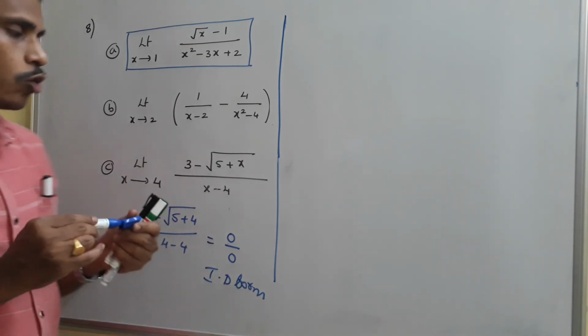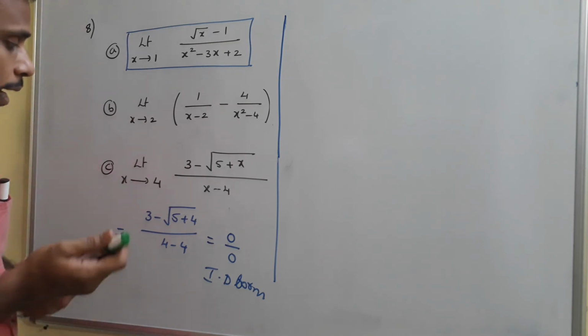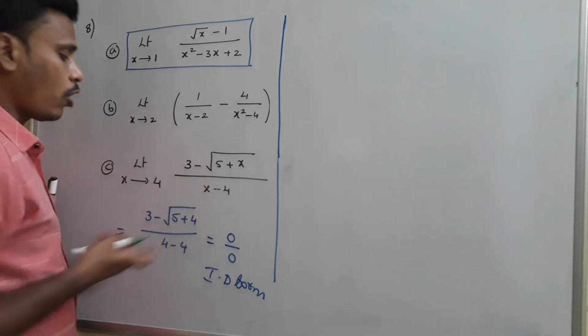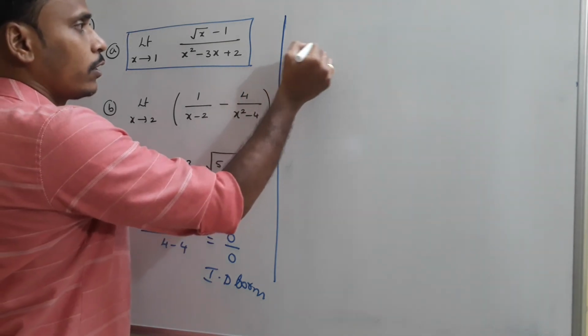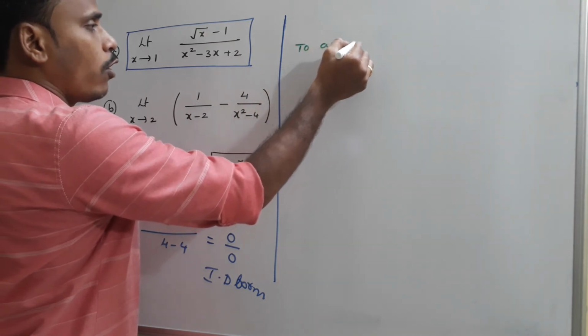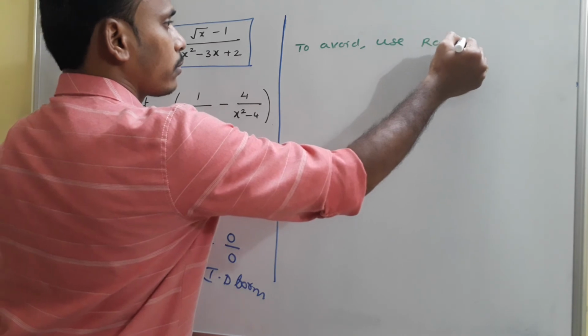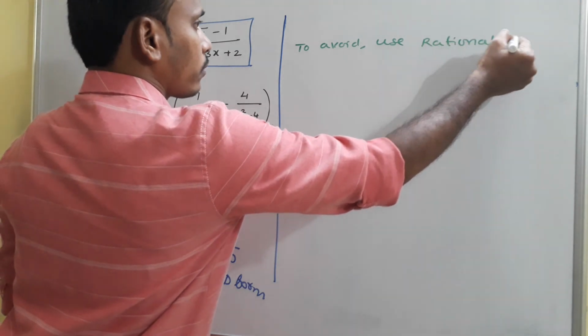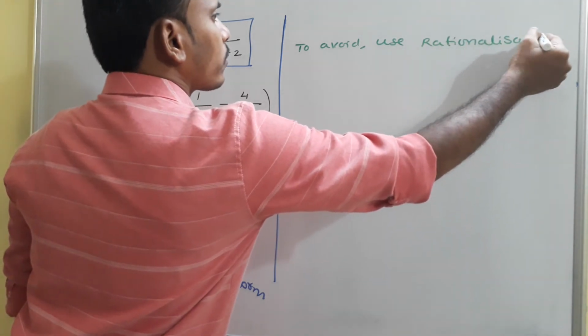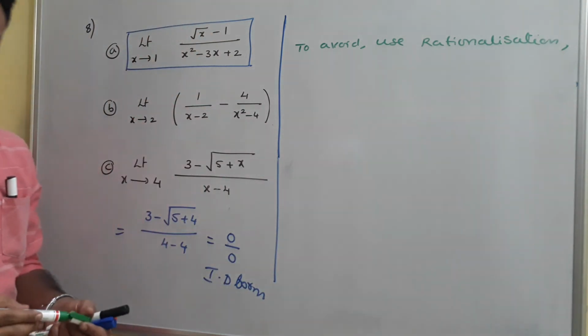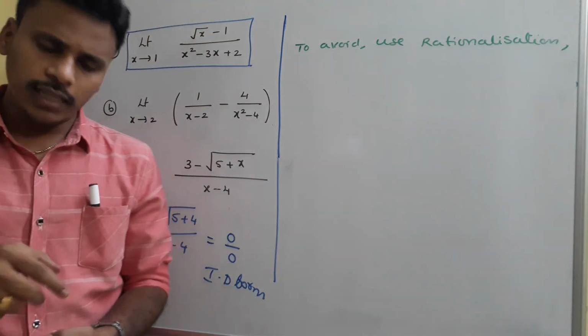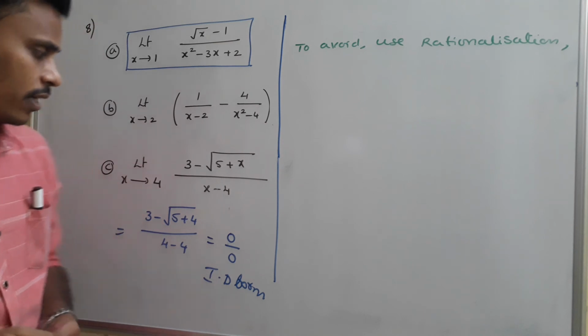Now in this case, to avoid the indeterminate form, my idea is rationalization, because square root is involved, right? To avoid indeterminate form, use rationalization. I think you all know the way of rationalizing. Rationalization in the sense either rationalizing the denominator or rationalizing the numerator.